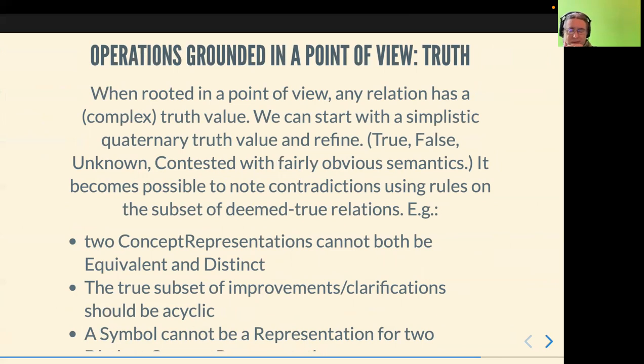Here I'm saying since we're looking at social truth values, there's probably going to be many social truth value models, but here I'm just starting with a simple one with true, false, unknown, contested, with fairly obvious semantics. I have the truth tables later. Let's not get into that.